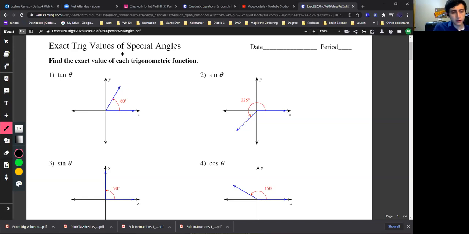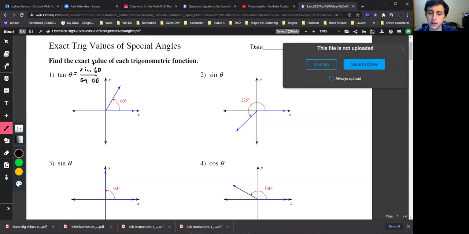So tangent of theta, where theta is 60 degrees. Let's think about this. Tangent of 60 degrees. Remember, tangent equals sine over cosine. So sine of 60 over cosine of 60. If we remember, sine of 60, the side across from the 60 was the bigger one, so that was root 3 over 2.